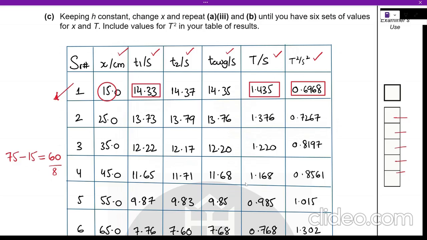For each value of x I have calculated T1, T2, then took the value of T average and then calculated the value of the time period. Likewise, as I mentioned, I kept the significant figures the same for the calculated values like T squared and T. They are all in four significant figures, while the individual readings are to two decimal places.